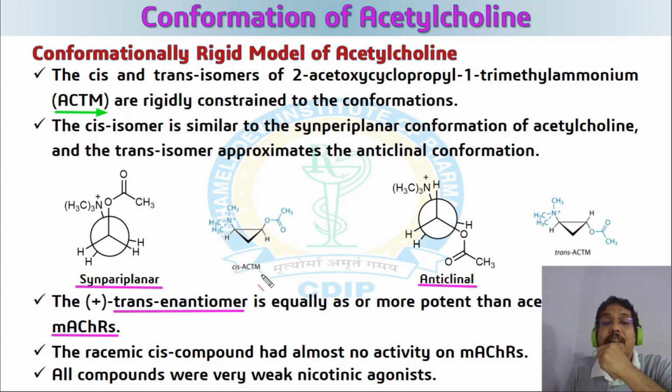While the racemic cis-ACTM compound had almost no activity at the muscarinic acetylcholine receptor, because the syn periplanar form in acetylcholine has freedom for rotation around the single bond.